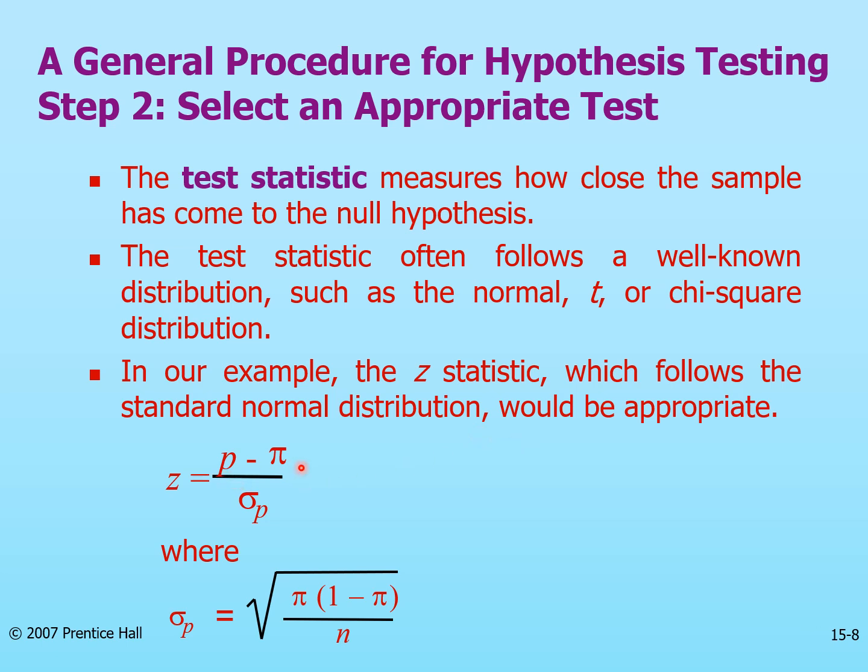So Z is equal to p minus pi upon the standard deviation of p, and the standard deviation of p is equal to the square root of pi times 1 minus pi upon n. This is basically known as the probability of happening of something.